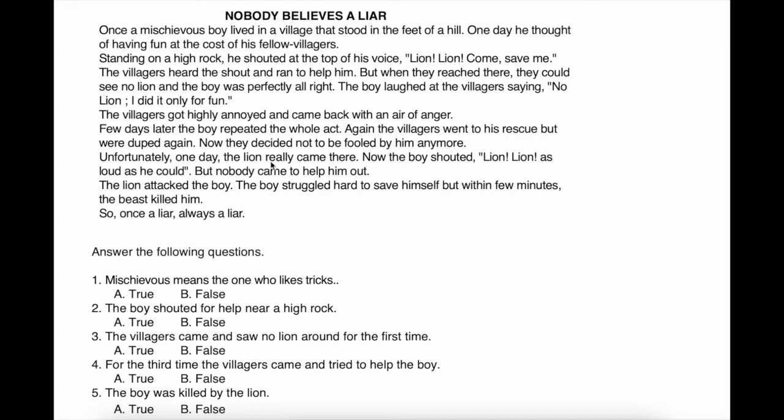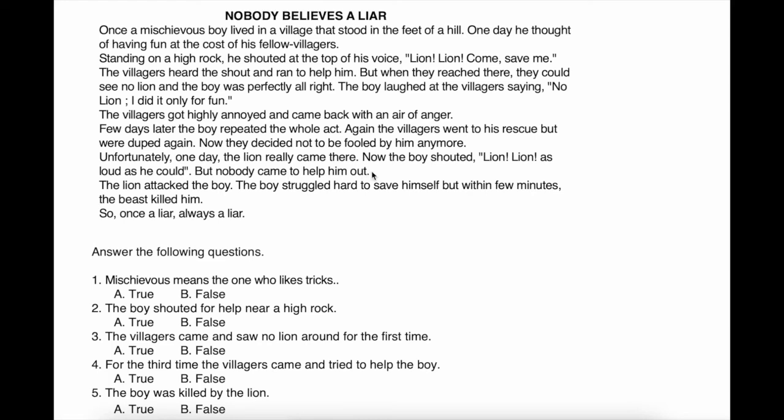Unfortunately, one day, this is the second time, right? One day, the lion really came there. Now the boy shouted, "Lion, lion," as loud as he could. But nobody came to help him out.